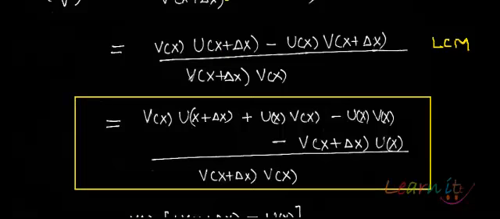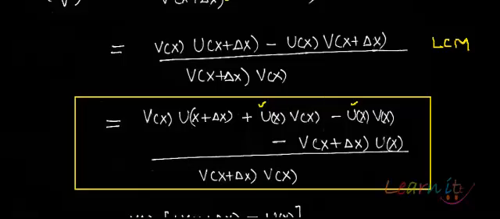What would be beneficial is introducing the product u(x) into v(x). So we add and subtract u(x) into v(x). Why? Because that will give me something fruitful, so that I will be able to take out v(x) common, or u(x) common.